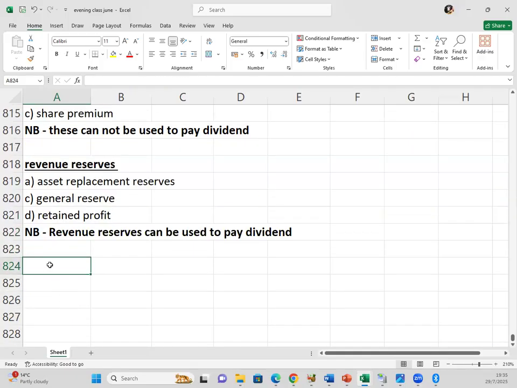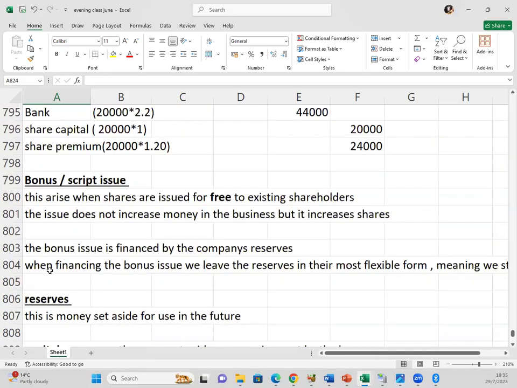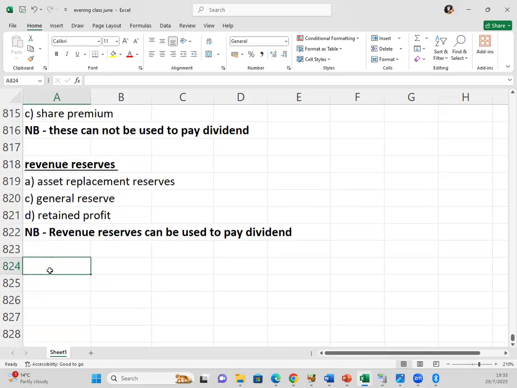So for a bonus issue, when a bonus issue is made, we take money from the reserves. We are not going to debit bank. In fact, we are going to reduce our reserves. A bonus issue reduces reserves. But which reserves?